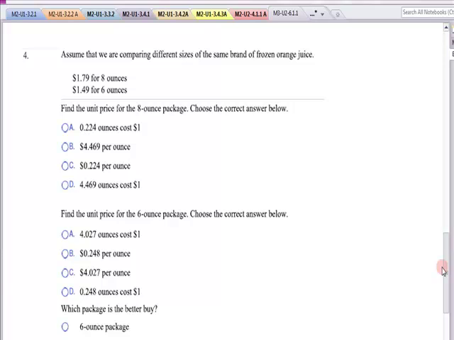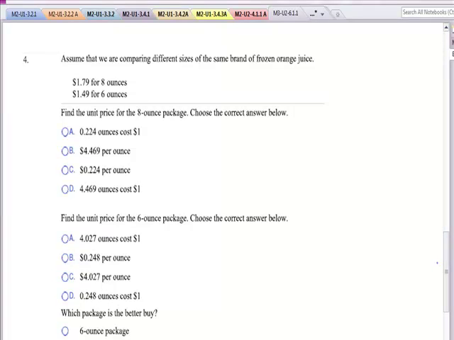Let's do that again. All right, this time we've got frozen orange juice, and it is multiple choice, but let's figure it out. So for the 8-ounce package, it's $1.79 for 8 ounces. So on my calculator, I will have 1.79 divided by 8, and I get 0.22375.